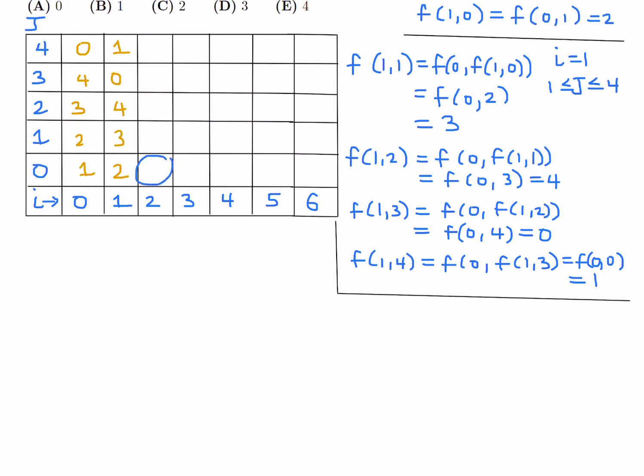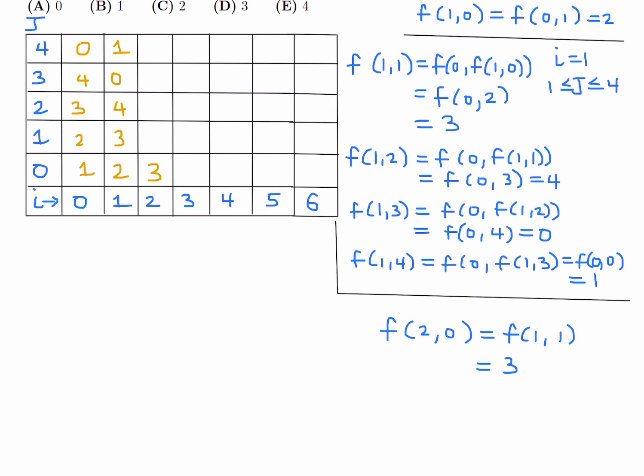So the next one, of course, is right there, and that is when we have i equal to 2 and j is 0. Using the pattern, that is f at (1, 1), and that is, of course, 3. So this goes here, 3.